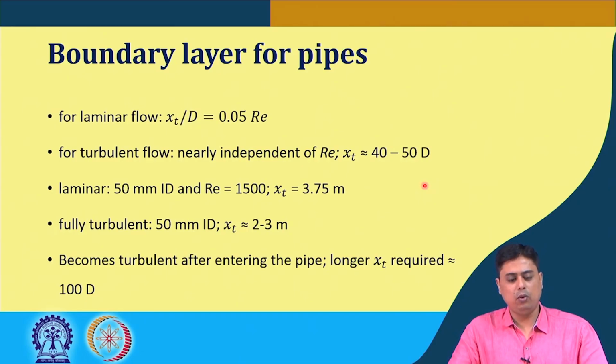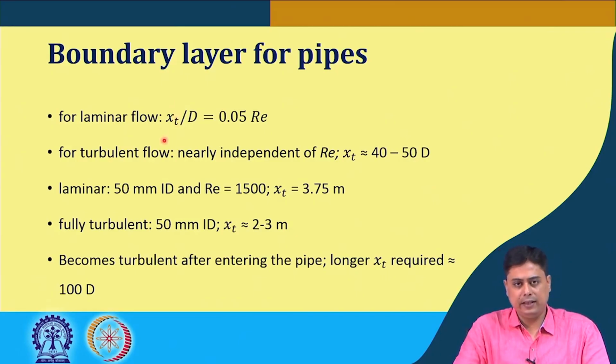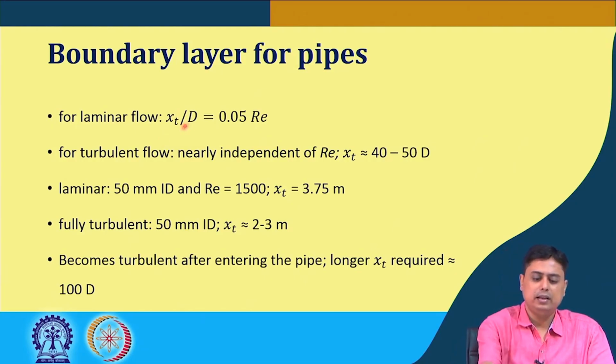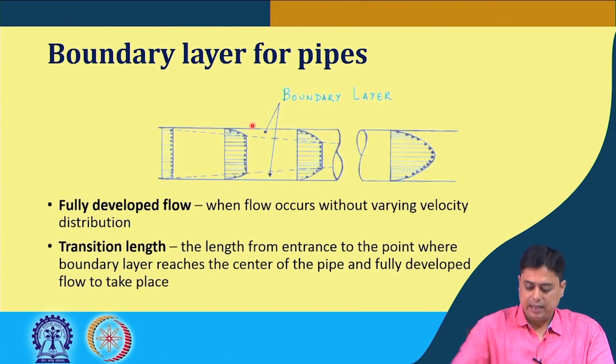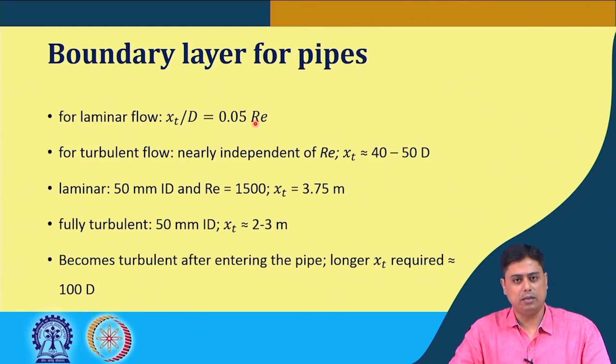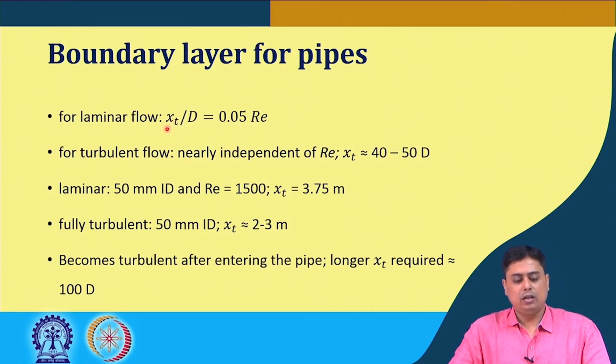This length depends on the flow condition. For laminar flow, this transition length, xt, the distance from the inlet in a pipe, where d is the diameter of the pipe or the conduit, varies as 0.05 times the Reynolds number. So, for laminar flow, the transition length required is 0.05 multiplied by the Reynolds number multiplied by the inside diameter.